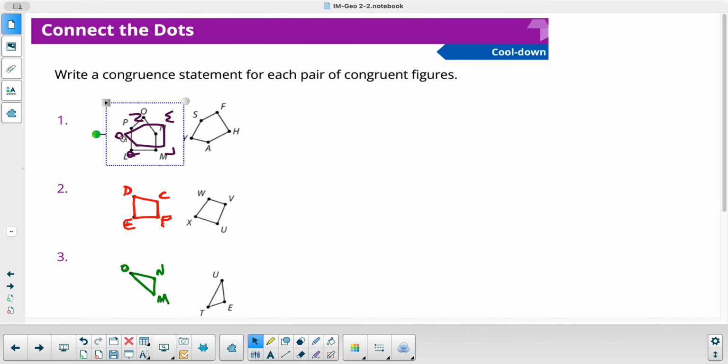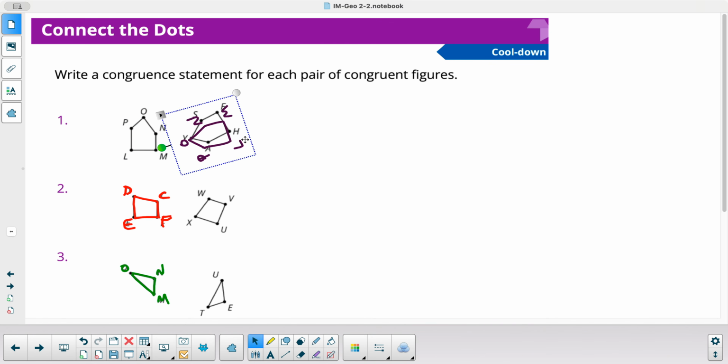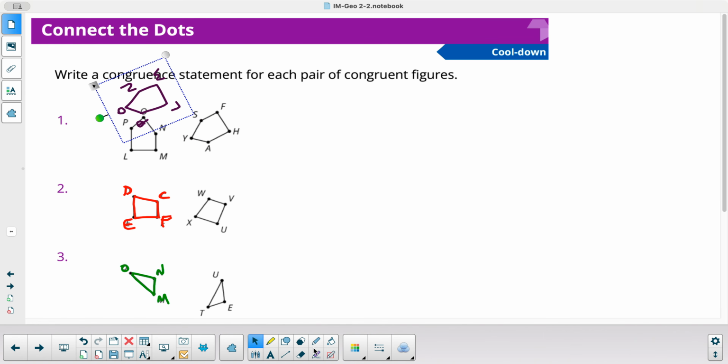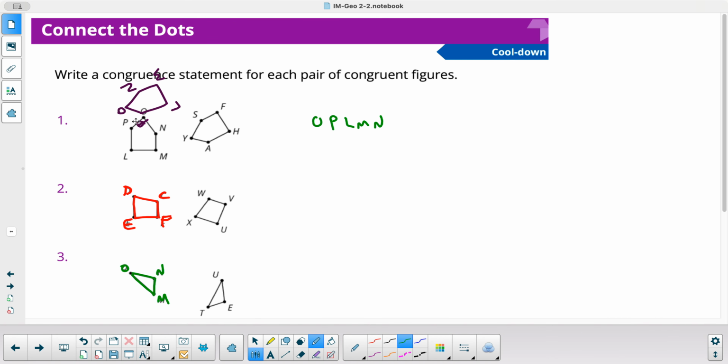So this thing's got to get turned, and it looks pretty good right there. So let's just start here with O, P, L, M, N. You have to go in order. So if I start at O, I have to go O, P, L, M, N, or O, N, M, L, P. It doesn't matter which way you go, and it also doesn't matter what letter you start with.